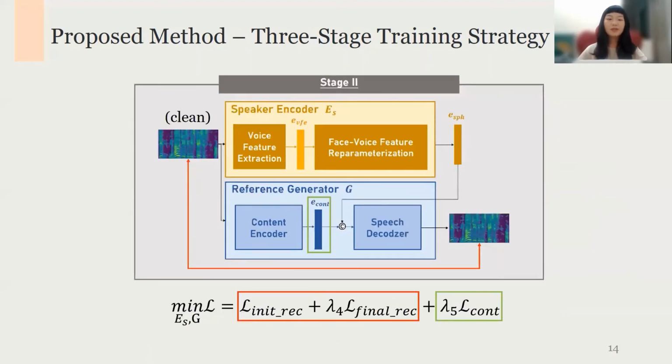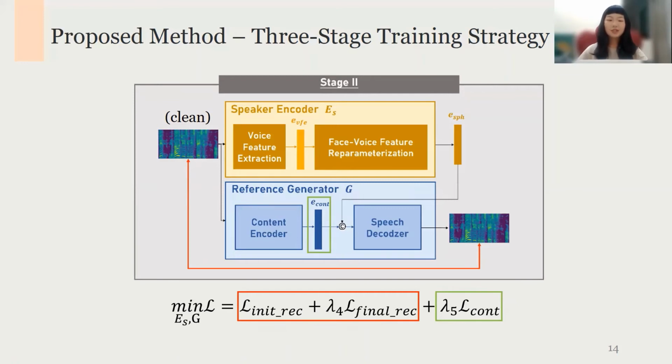In stage 2, a voice conversion model following the AutoVC framework is trained with laboratory collected datasets and consists of a speaker encoder and a reference generator. The input audio is first passed into the speaker encoder to extract voice features. It's worth noting that the extracted voice embeddings are fed into the face voice feature reparameterization to form a vocal speaker distribution.